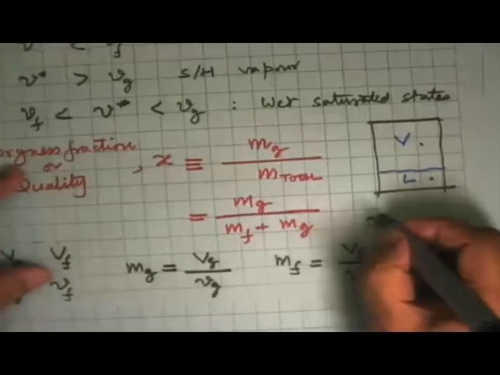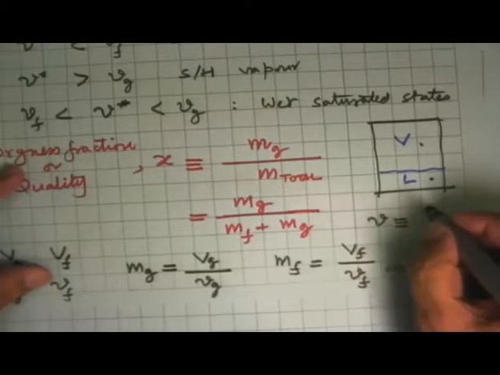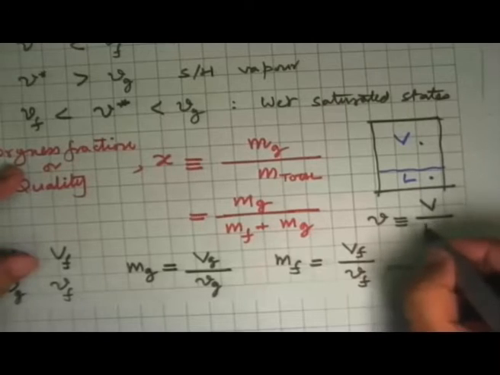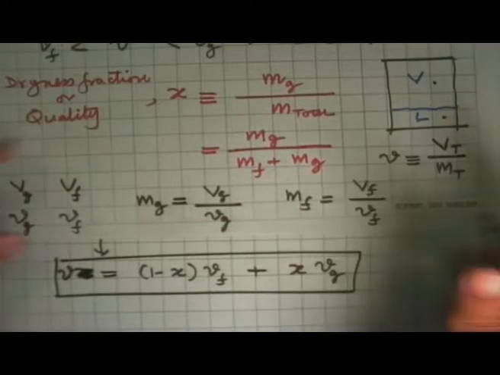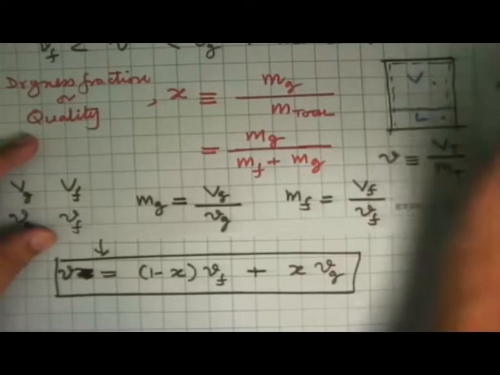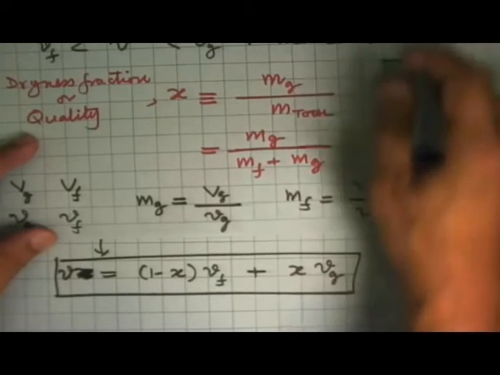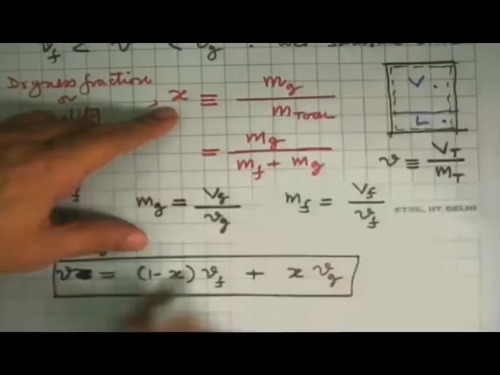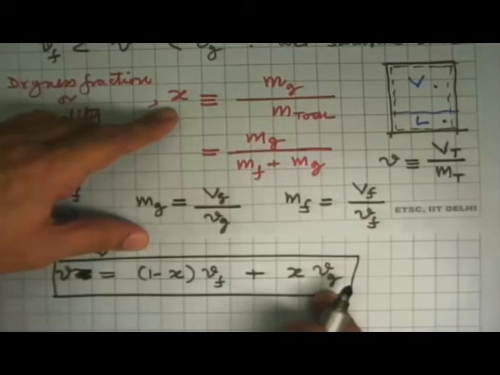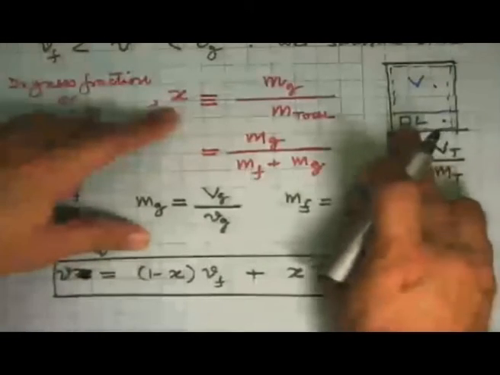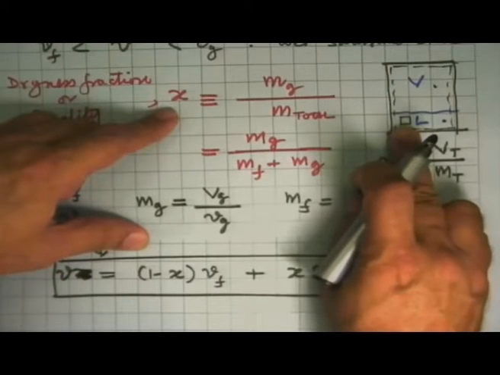Here I will define v as V total upon m total. What it means is that if this is the whole system, then the dryness fraction of the system is X, and the specific volume is given by this expression. Over here, X is equal to 0, it's a saturated liquid.